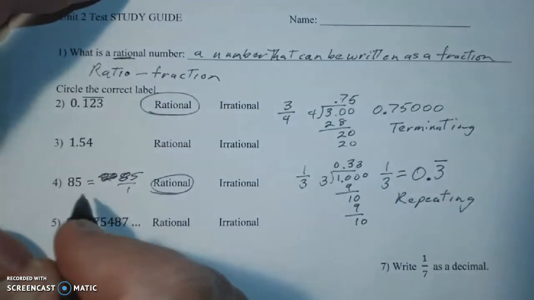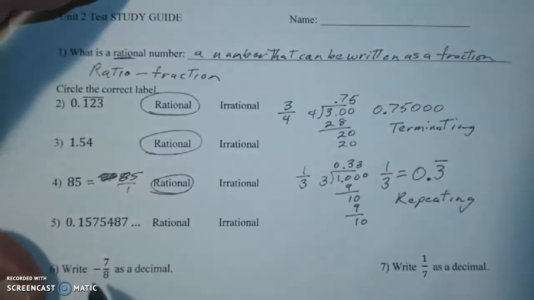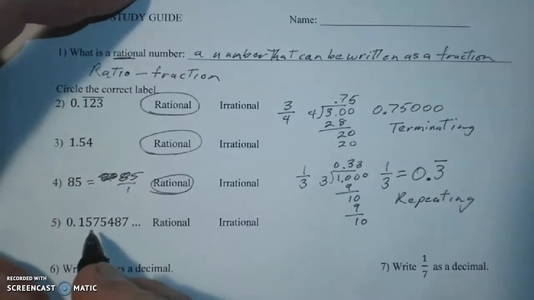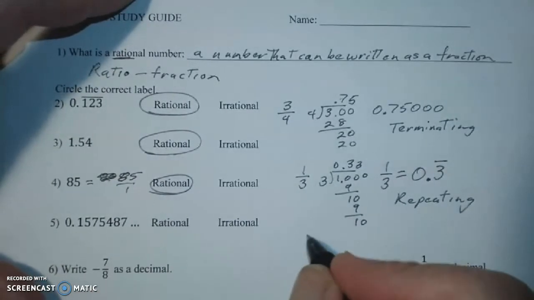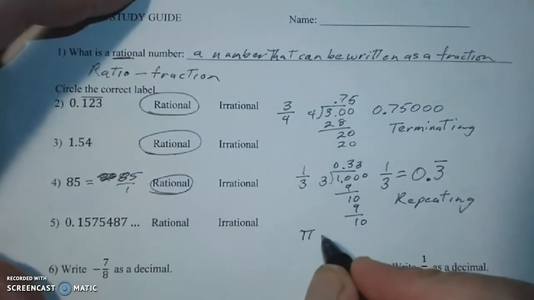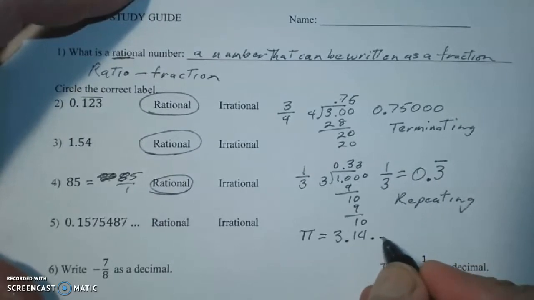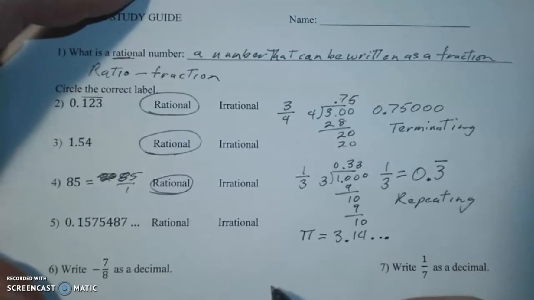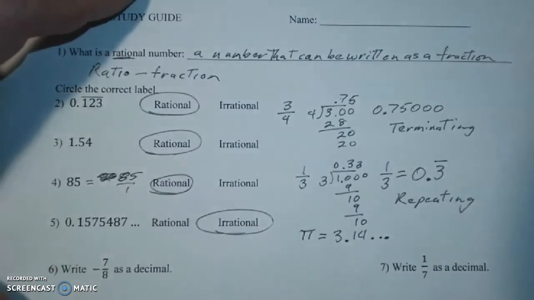That is rational. Number 3 is a terminating decimal. That is rational. Number 5, remember numbers like pi would be 3.14, but then they go on forever with the 3 dots. That's what this is showing. Remember, pi is irrational. Number 5, that is irrational.